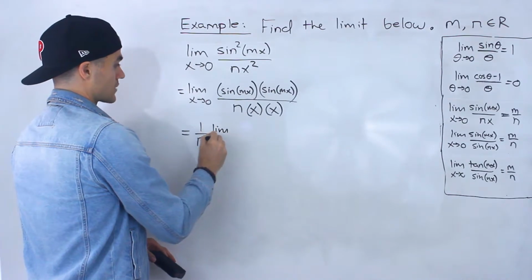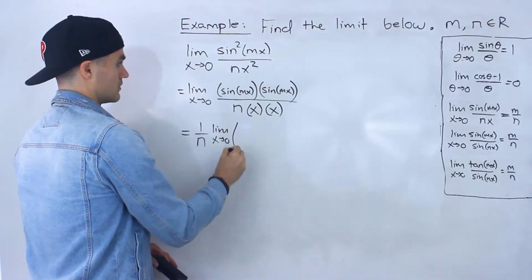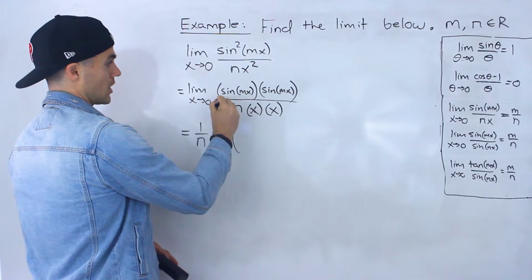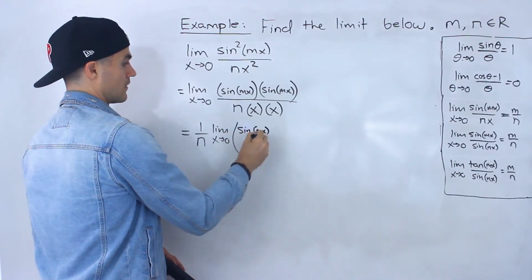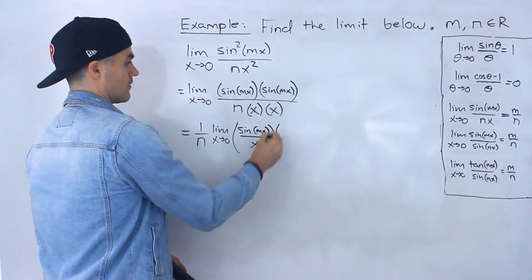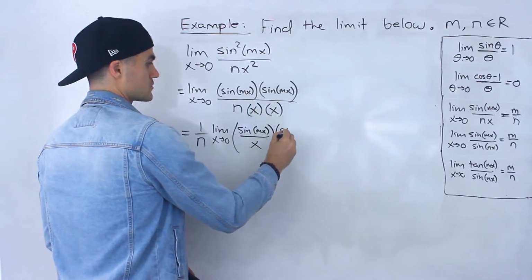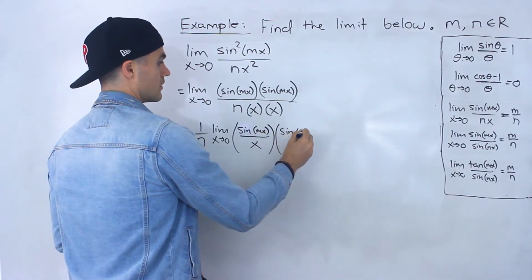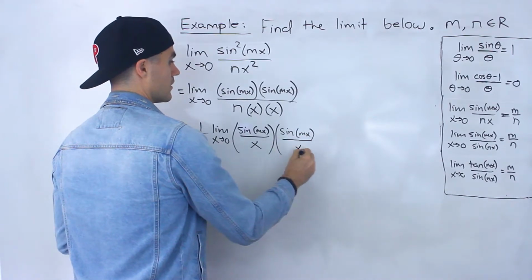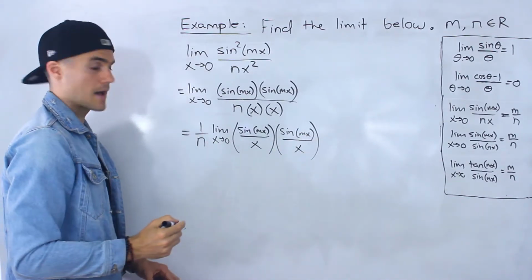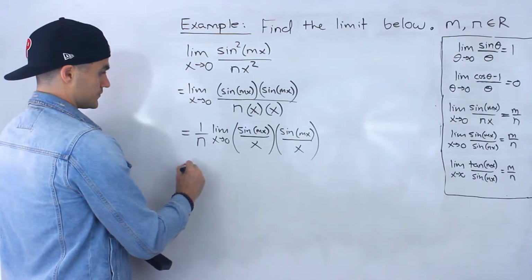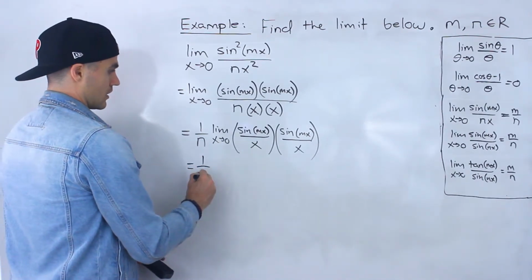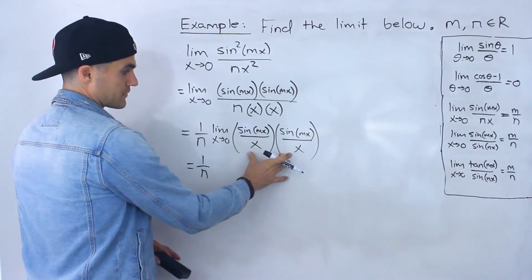Let me just write it out, actually. I'm going to put this x under this sine mx and split it up into two separate expressions, like that. And now notice how they're both the same expression.